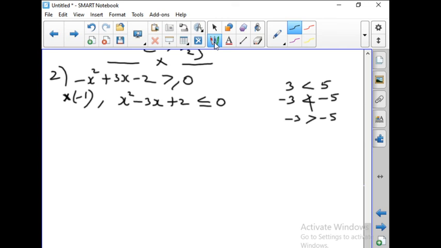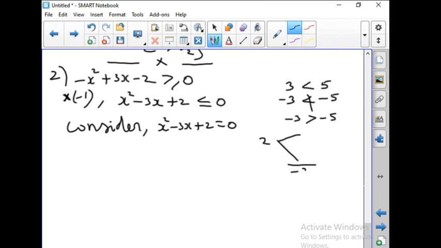So now we will factorize this. Consider x² − 3x + 2 = 0. What is the sum and what is the product? Product is 2, sum is −3. So what are the two numbers? The two numbers are −2 and −1.